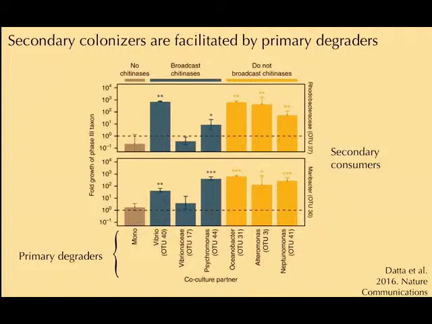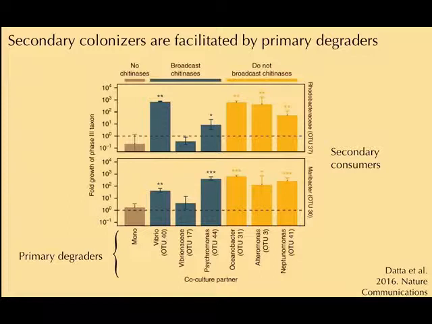This is shown here, where on this axis you have the primary degraders, and this is the control. This is the monoculture of the secondary consumer. There are 2 in this case. And the bars show the fold growth: the abundance of the secondary consumer at time final divided by the abundance at time 0, compared to what happens in monoculture.